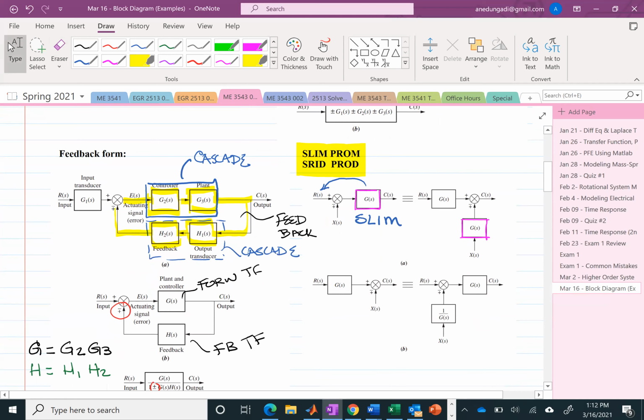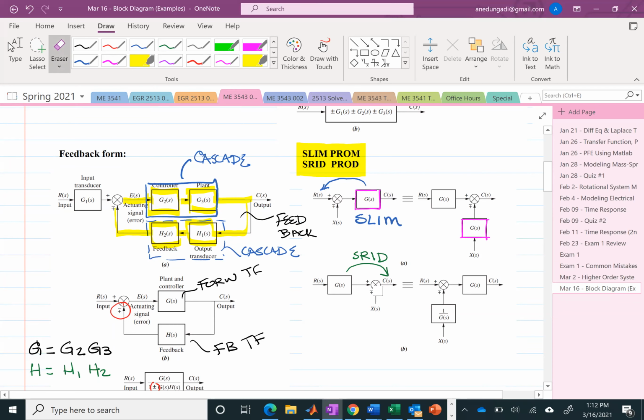This one here, I'm moving, let me use a different color. Green is good. So I'm moving this transfer function to the right of this summation block. So that's sum right input divide, SRID.